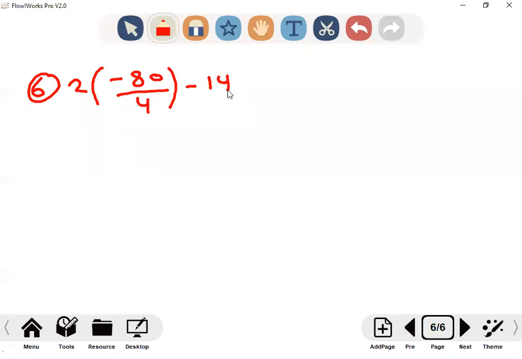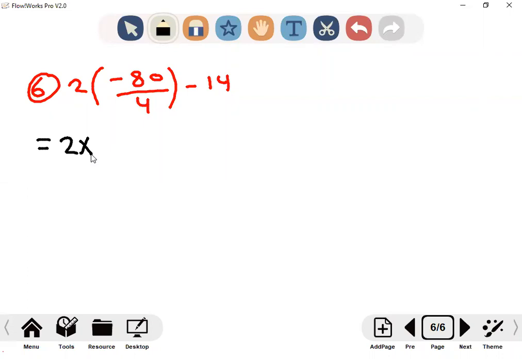All right. We start with the parentheses, right? Yes. So 2 multiply how much? Negative 80 divided by 4? 20?